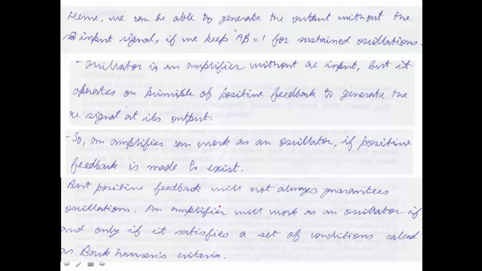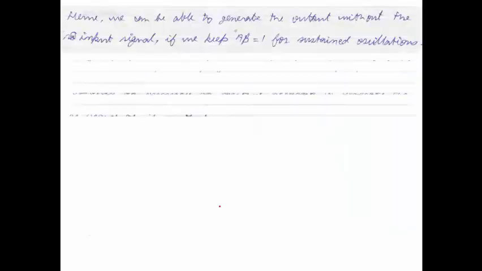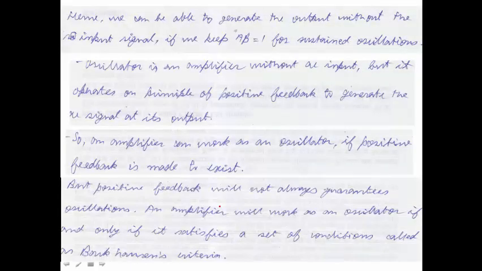But positive feedback will not always guarantee oscillations. Although we say that positive feedback gives us what we wanted, as we have seen earlier, that is the way we can get AF as infinite, however this is not the only way to get oscillations.